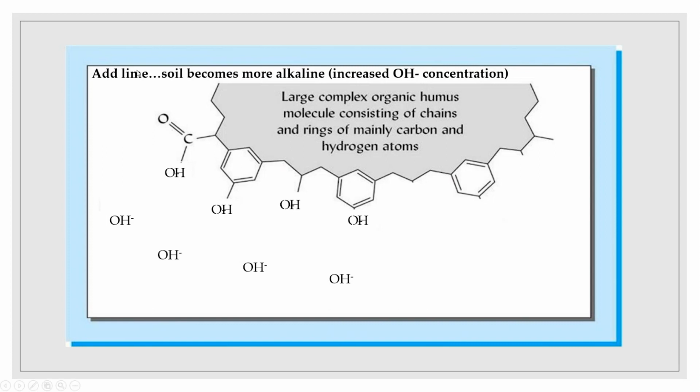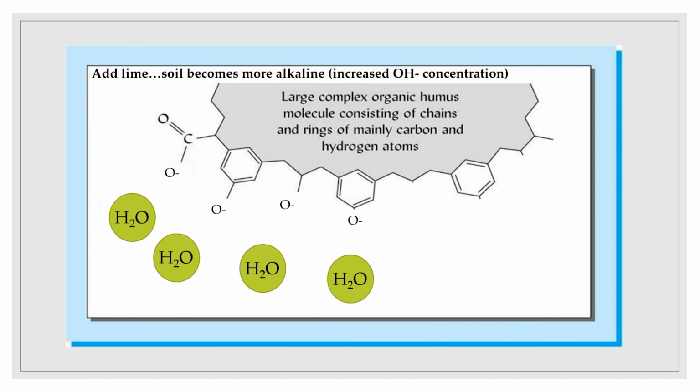So as our soils become more alkaline, we increase this hydroxyl concentration. Because this hydroxyl is looking for a partner, or to come into equilibrium, this hydrogen will dissociate from that functional group of organic matter and form a water molecule, a very small water molecule.